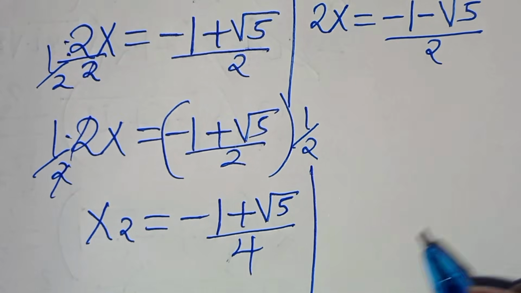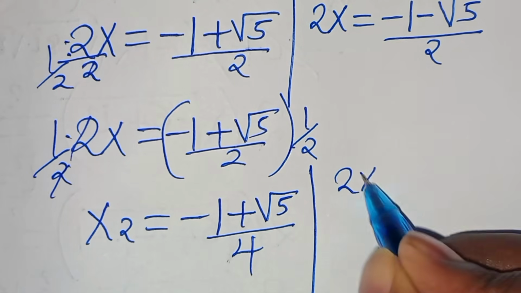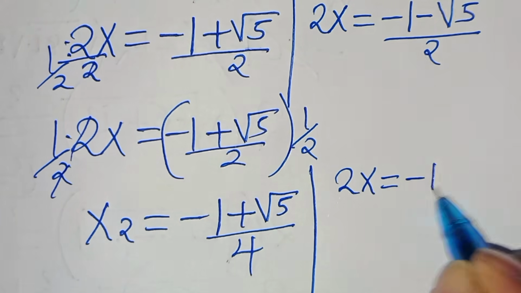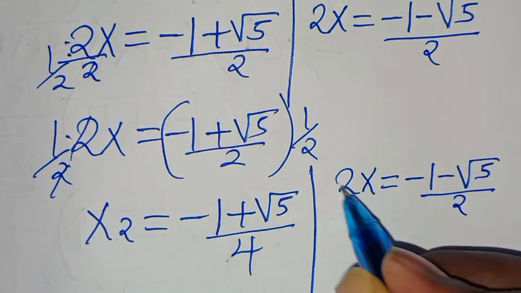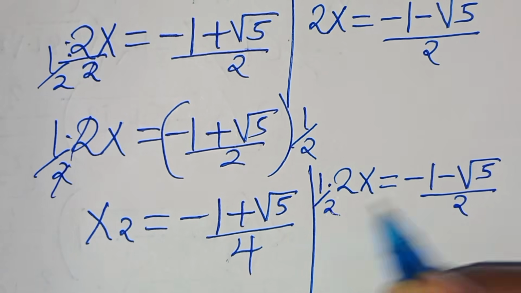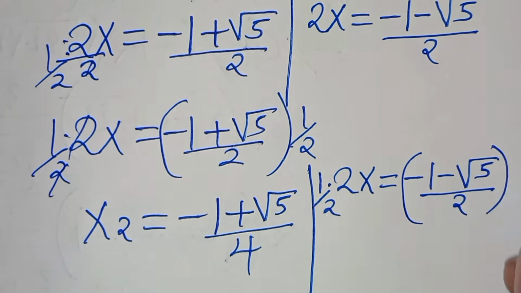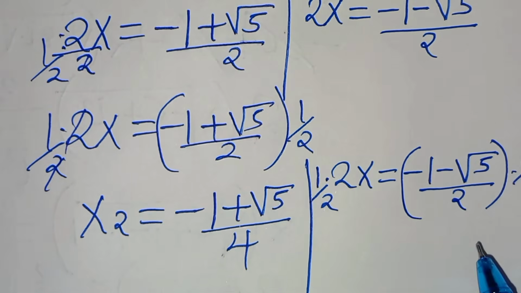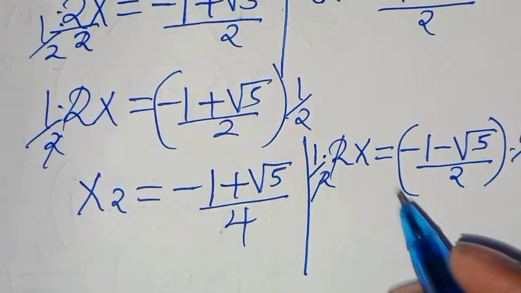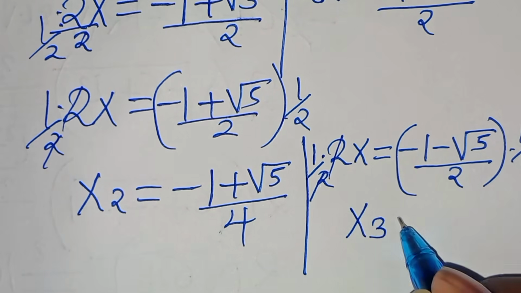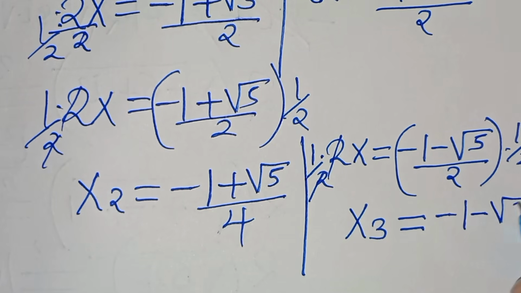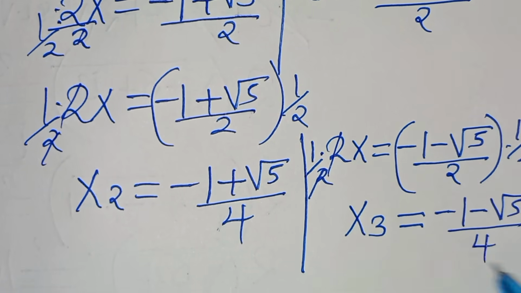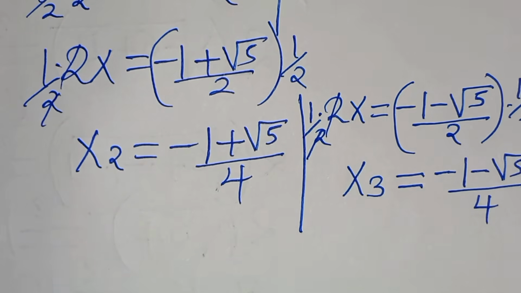Then the second part here, we have 2x equal to negative 1 minus square root of 5 divided by 2. So let's multiply both sides by 1 over 2. So this means that x3 is equal to negative 1 minus square root of 5 divided by 4.